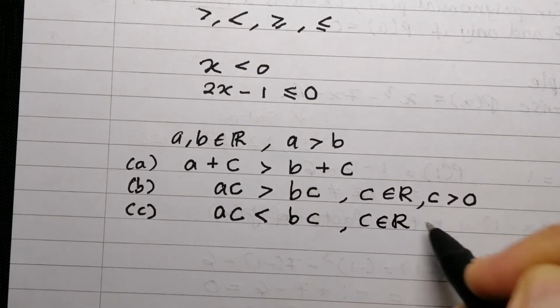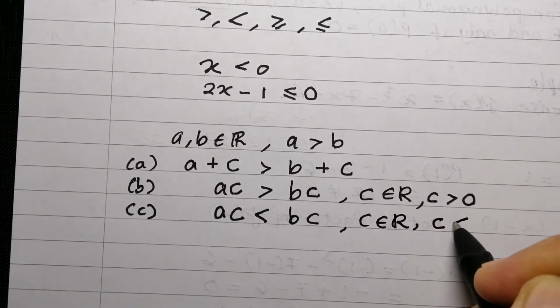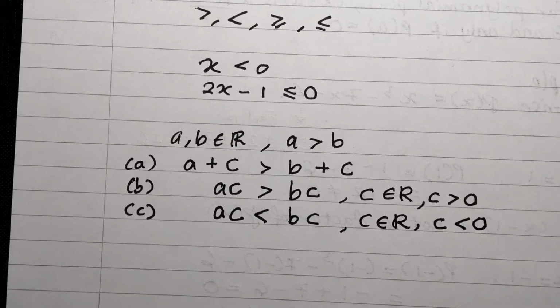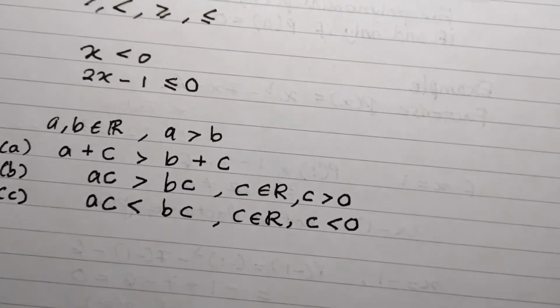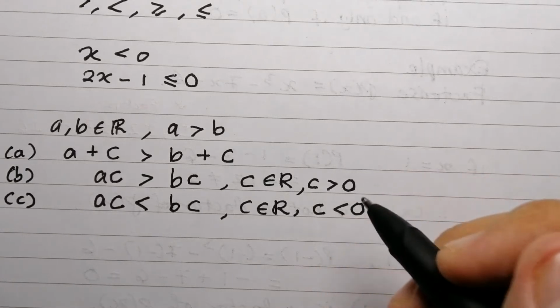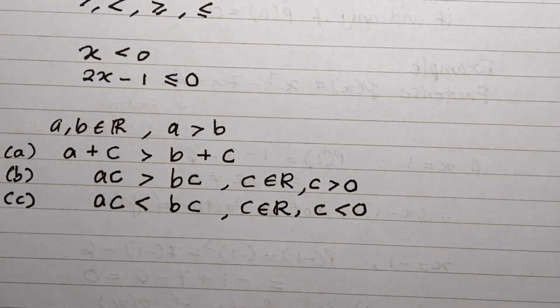So a times c is less than b times c, where c is less than 0. That means c is negative. Look at some numbers to make it clearer.